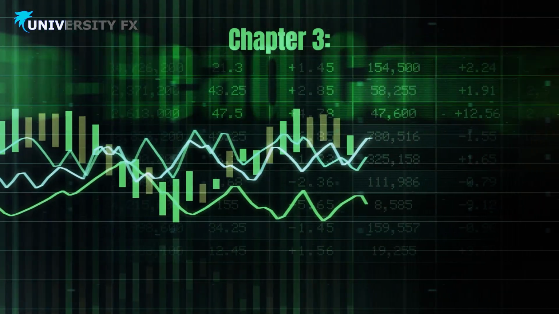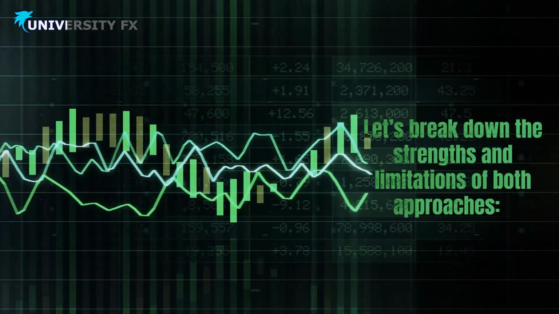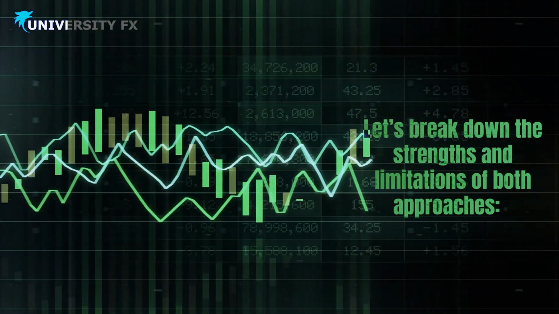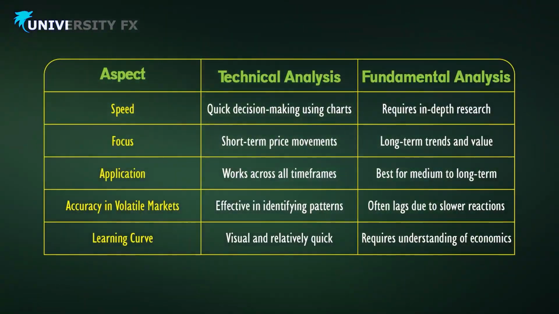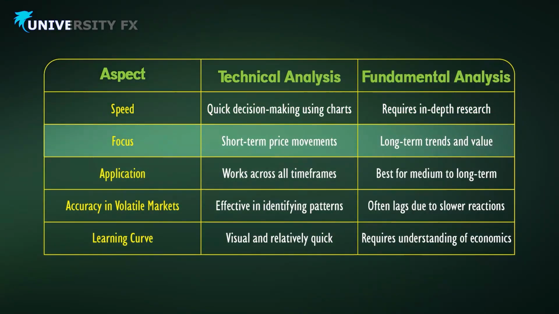Chapter 3. Head-to-head comparison. Let's break down the strengths and limitations of both approaches. Aspect: technical analysis, fundamental analysis. Speed: quick decision-making using charts, requires in-depth research. Focus: short-term price movements, long-term trends and value.